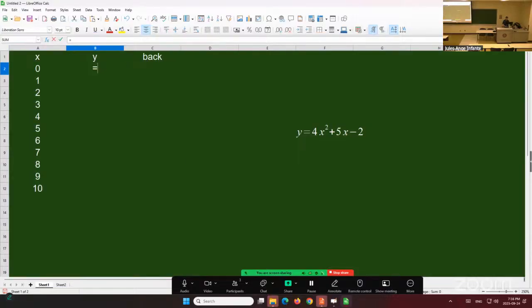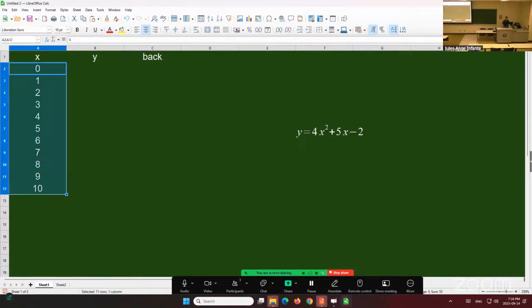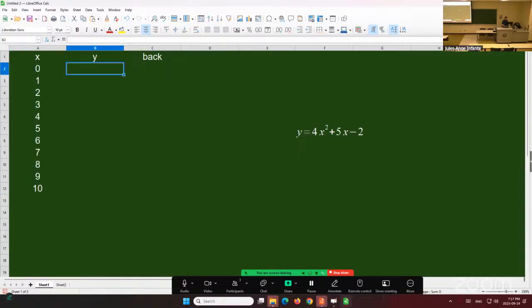And we have 4 times x. Or a better thing we can do is define this as x. Then we can say simply 4 times x squared plus 5x minus 2.